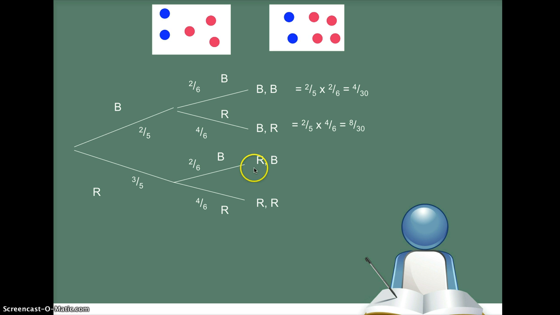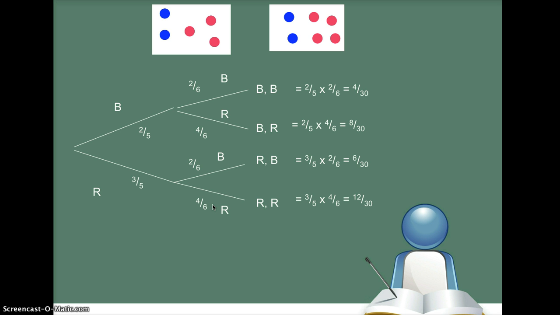For red and blue, you go 3/5, then go in that direction times 2/6, should have 6/30. And then down here for red and red, this path here, 3/5 times 4/6, that should give you 12/30.